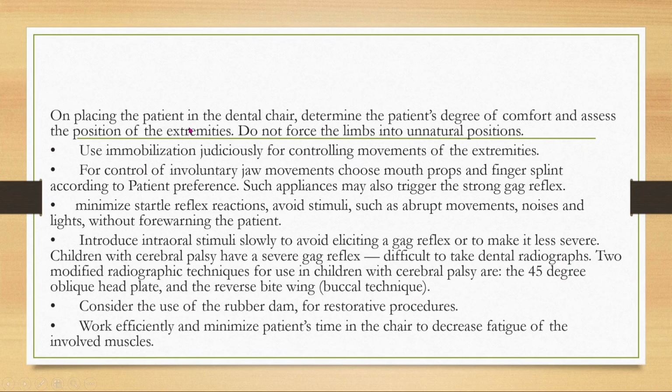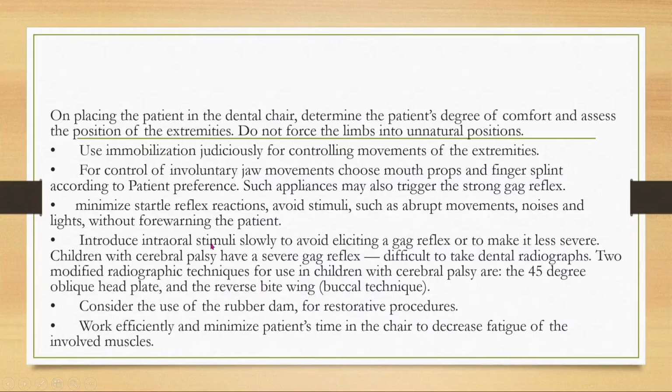On placing the patient in the dental chair, determine the patient's degree of comfort and assess the position of the extremities. Do not force the limbs into unnatural positions. We can use immobilization for controlling movements of the extremities, but it should be done very judiciously. For control of involuntary jaw movement, we can use mouth props and finger splints.